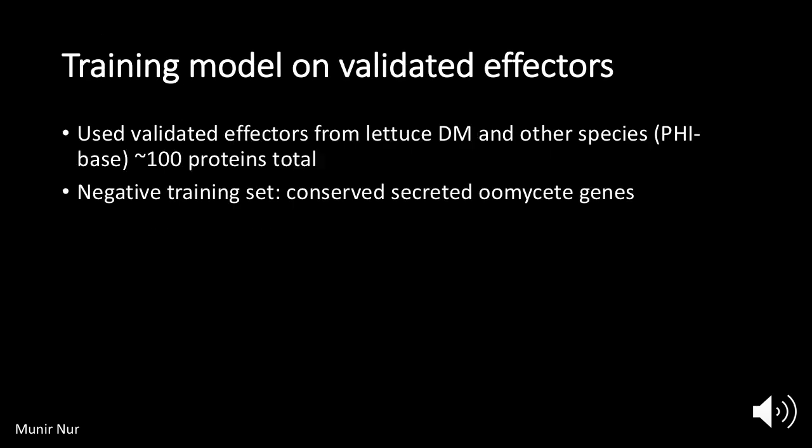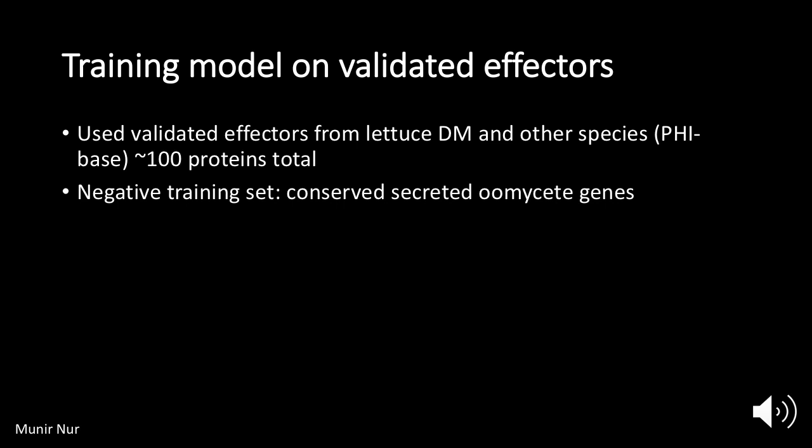We used a set of validated effectors from lettuce downy mildew, so all the effectors that I found that had a function. Then we added a bunch of effectors from PHI-base, the database of validated effectors. It was about 100 proteins total, all from downy mildews and Phytophthora. The negative training set was a set of conserved secreted oomycete genes, with the idea that if they're conserved, they're probably not effectors.